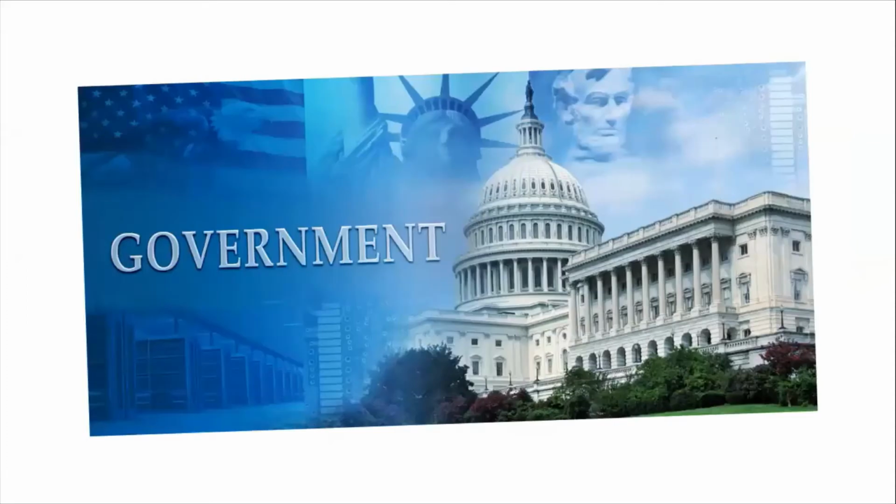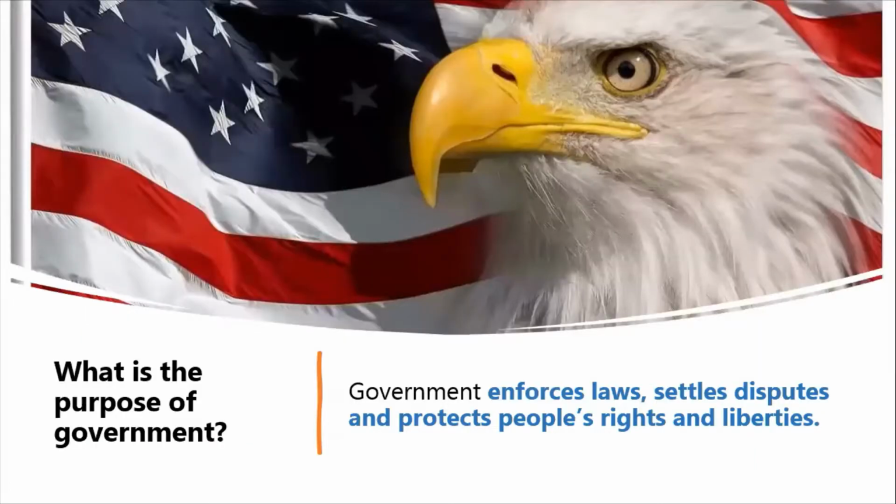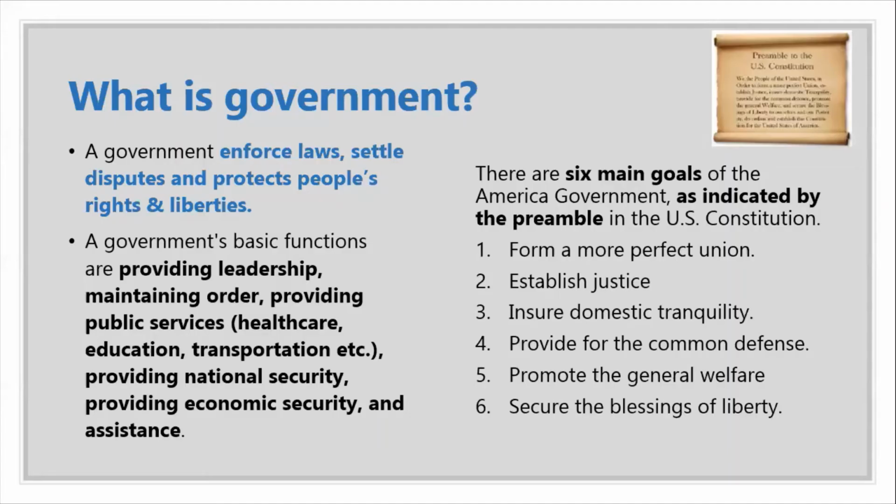Government. What is the purpose of a government? The US government exists for the people and by the people. It enforces laws, settles disputes, and protects people's rights and liberties. A government's basic functions are providing leadership, maintaining order, providing public services such as healthcare, education, and transportation, providing national security, and providing economic security and assistance.